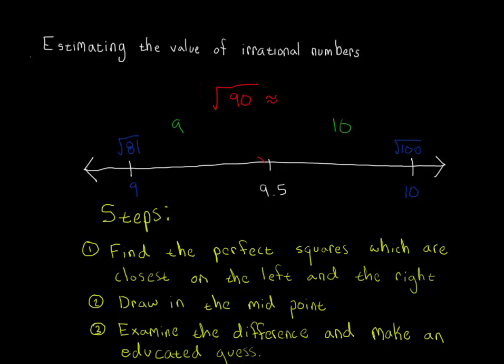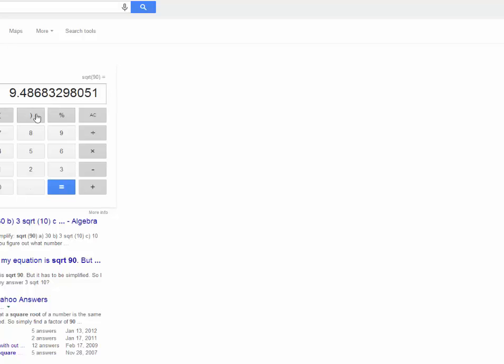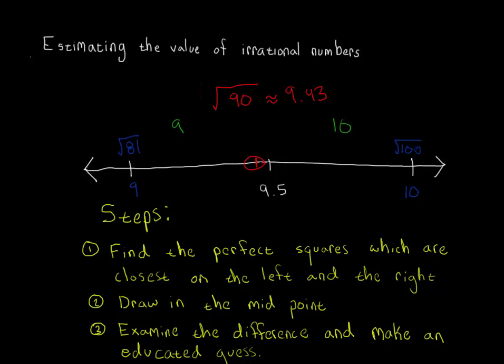So we'd make our guess somewhere close to the middle, and I'll say 9.43. Right around here somewhere. And I was close. I got the tenth place right, but not the hundredth place. It was actually 9.48. So it's really very close, even closer to 9.5 than I guessed, probably right about here.